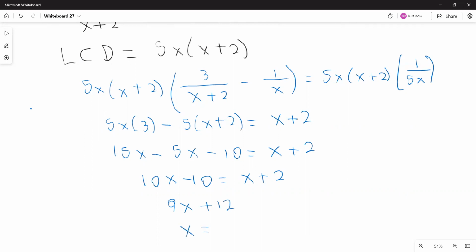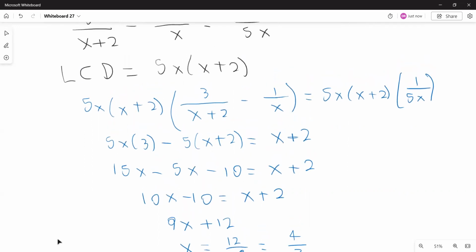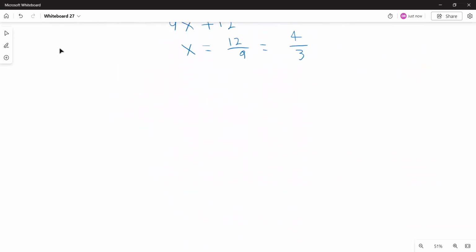So x is 12 over 9, or reducing the fraction, 4 over 3. Now, this is only a solution of the resulting linear equation. We still need to check whether this is a solution of the rational equation.